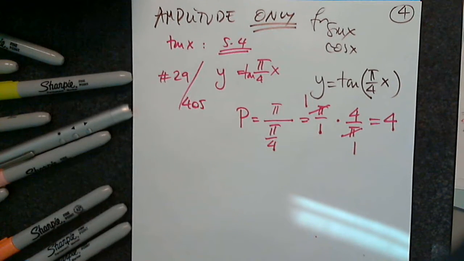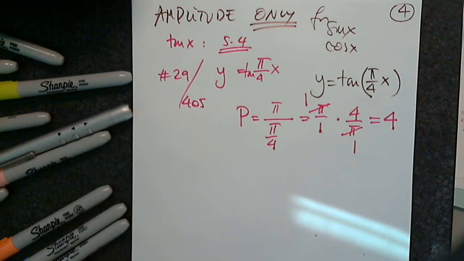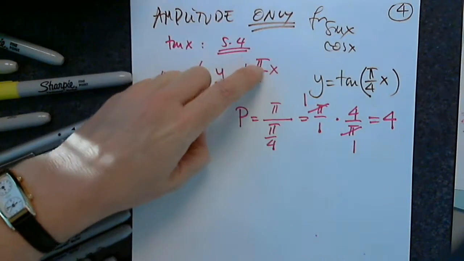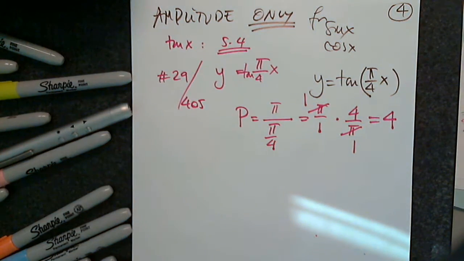Okay. Next, before we graph this function, I'm going to ask you a question. Is pi over 4 a number smaller or greater than 1? Here's why. If pi over 4 is greater than 1, then the graph does this. Horizontal shrinking. Right. If it's greater than 1. If you say pi over 4 is a number smaller than 1, then the graph will do this.